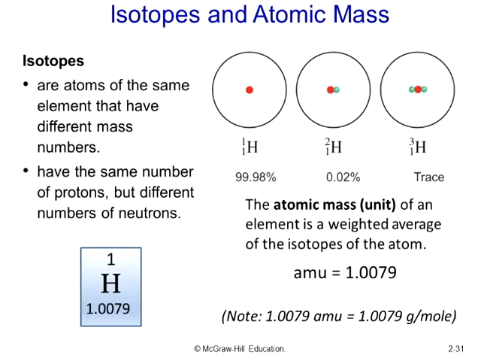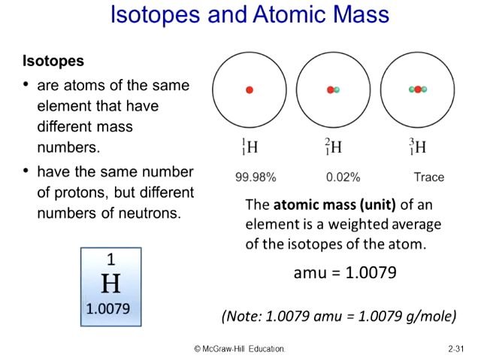Isotopes have the same number of protons but different numbers of neutrons. That's important to note. So make sure you figure out a way to hang on to that concept. The atomic mass unit of an element, however, is the weighted average of the isotopes of the atom.